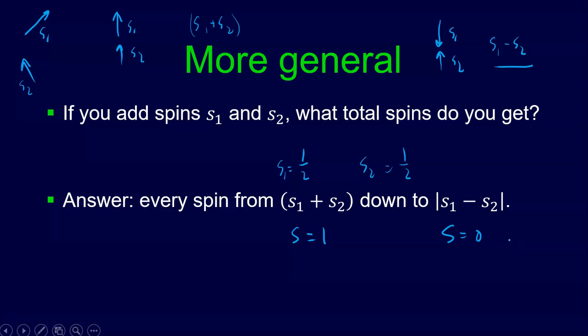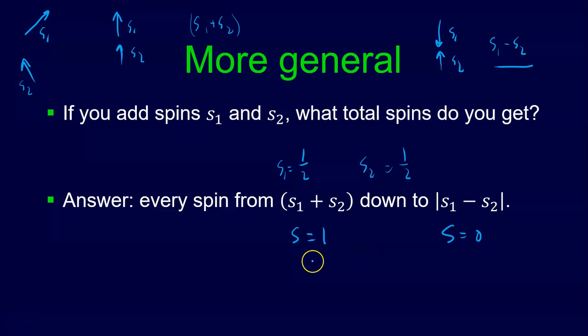Now, classically, if we're adding up 2 vectors of 1/2 like this, our max would be 1, our minimum would be 0, and we could have anywhere in between. Well, you can't have anywhere in between in quantum mechanics. You can go up by integers of 1, so in this case, it's just 0 and 1. So these are our total spin states.